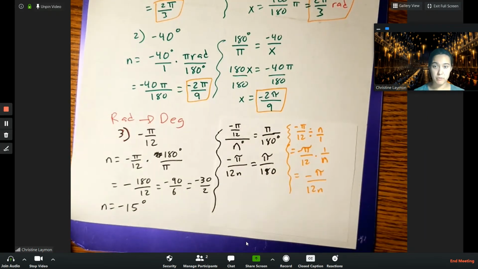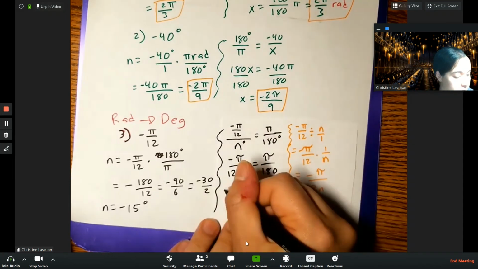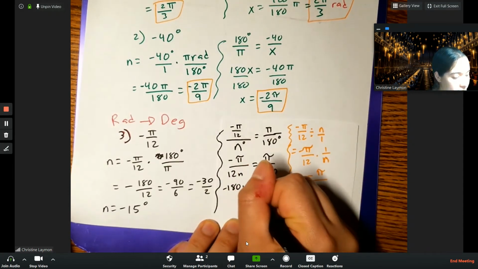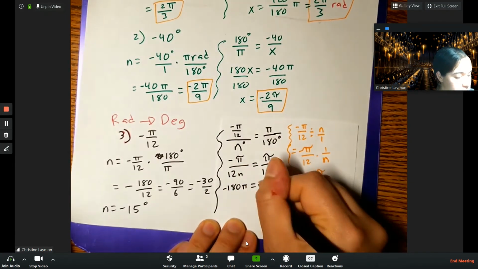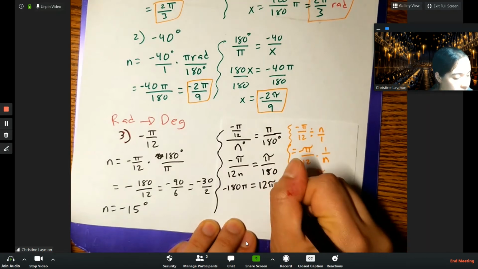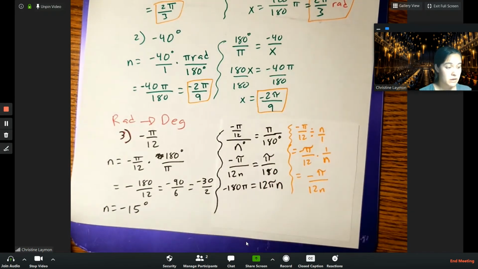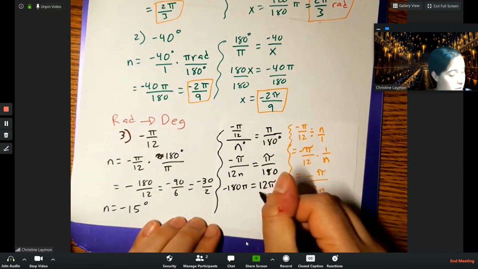Now I'm going to go ahead and cross multiply. Negative 180 pi equals 12 pi n. I'm solving for n, so go ahead and divide both sides by 12 pi.